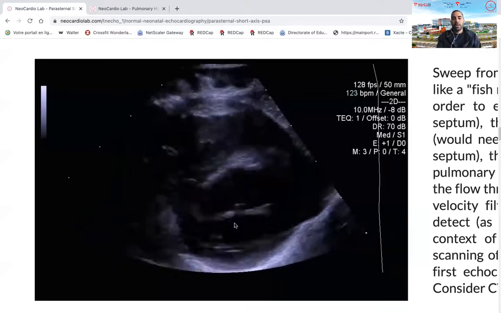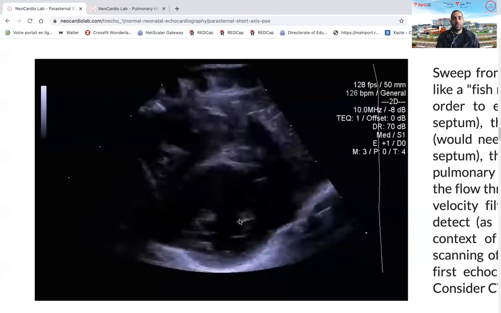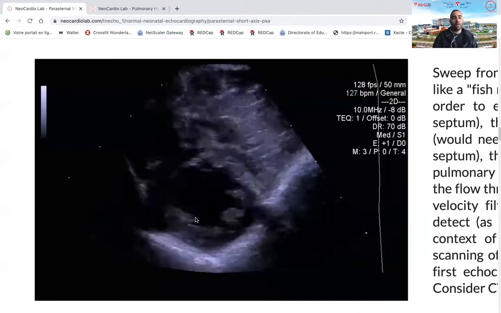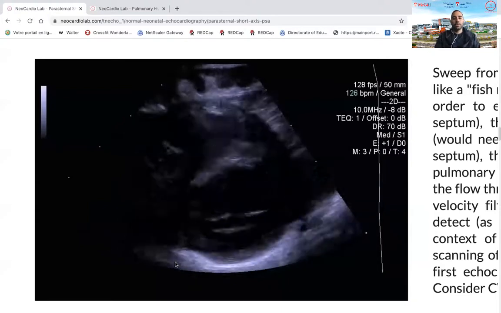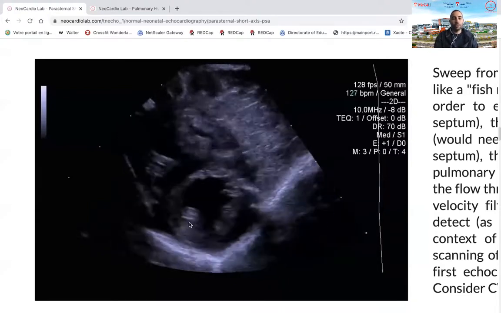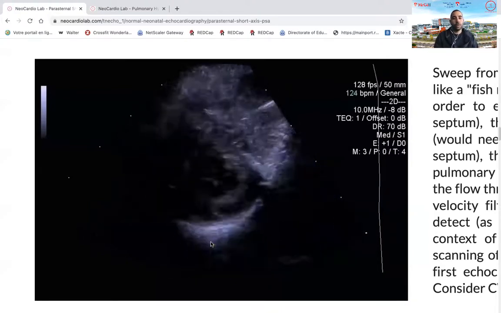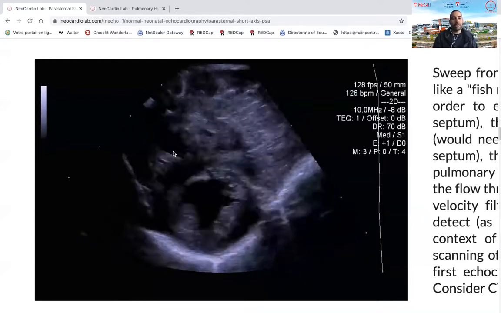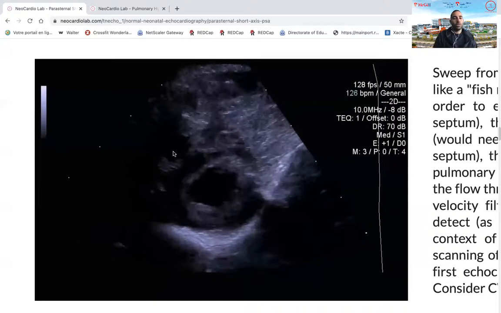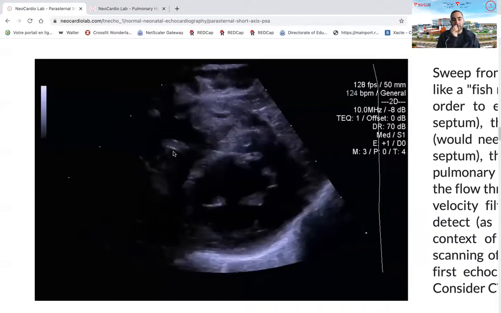As you can see, as we sweep, we can see the two leaflets of the mitral valve that looks like a fish mouth. And then you can see the two papillary muscles that are attaching to your free wall. And you can even see here your moderator band, which will characterize your right ventricle.